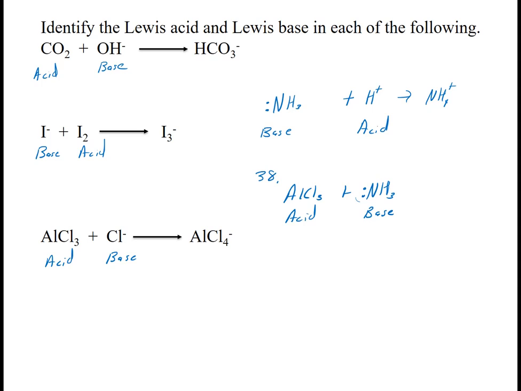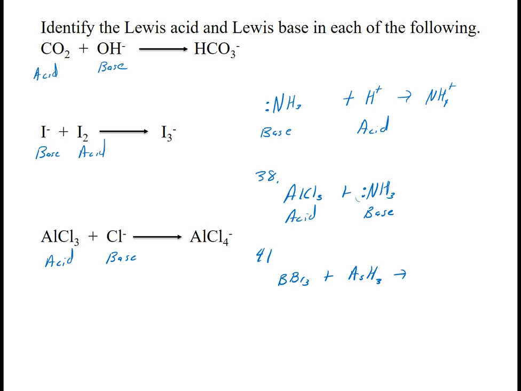Another example is from number 41, where I have Br3 plus AsH3. Again, these are both neutral species.